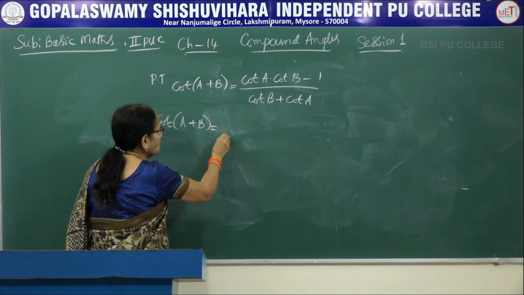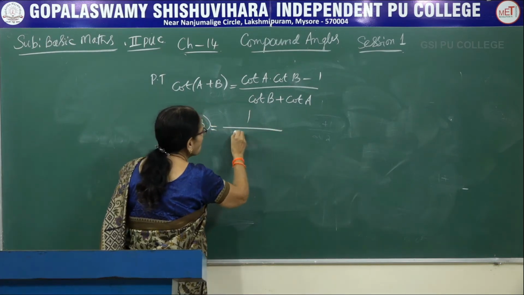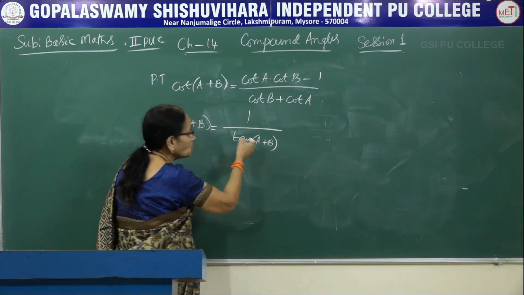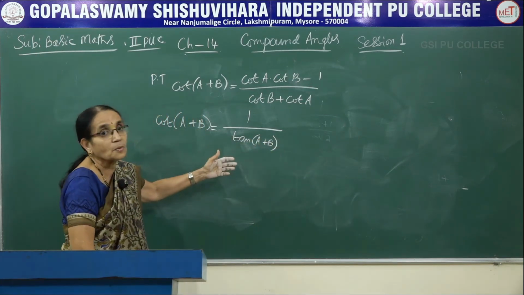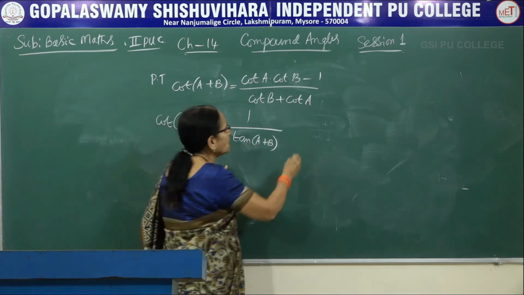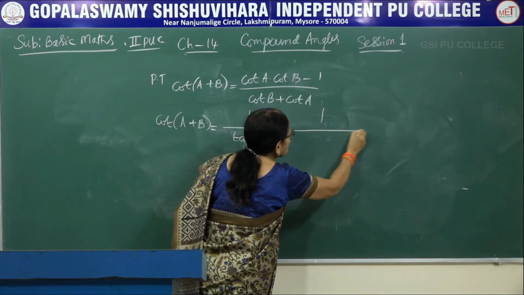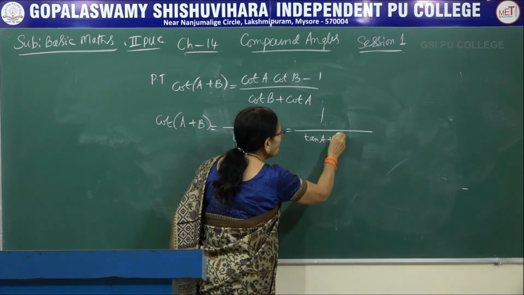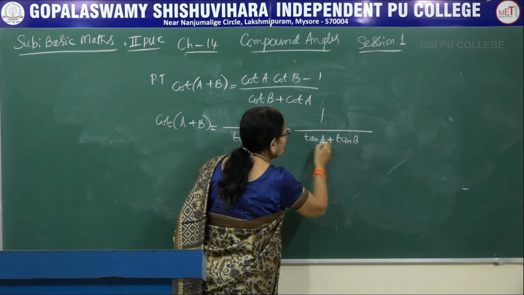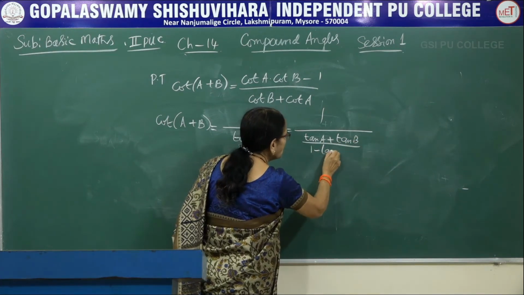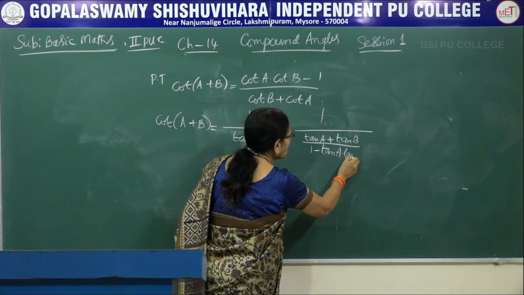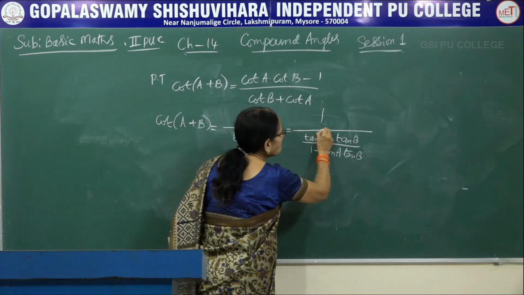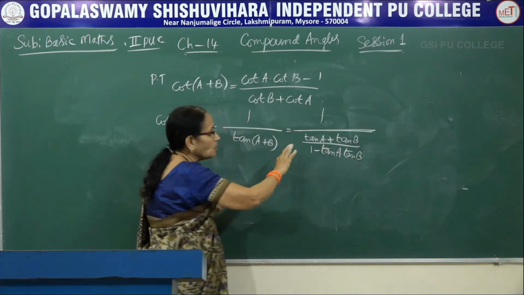Both the methods are correct. Cot of A plus B now can be written as 1 by tan of A plus B. I am using the compound angle formula because I have already given you the result here. Now what is tan of A plus B? Right, tan A plus B is tan A plus tan B divided by 1 minus tan A into tan B. When you are having a fraction divided by another fraction, write this line a little bit lengthier to avoid any confusion.